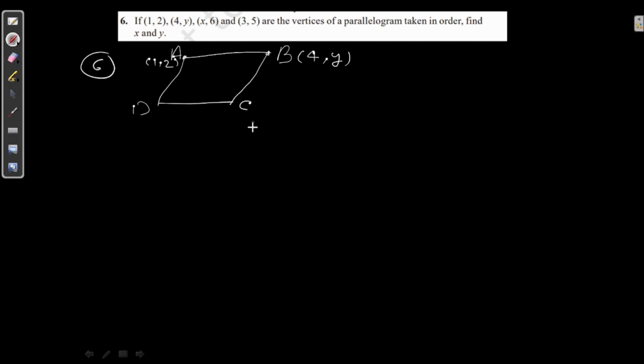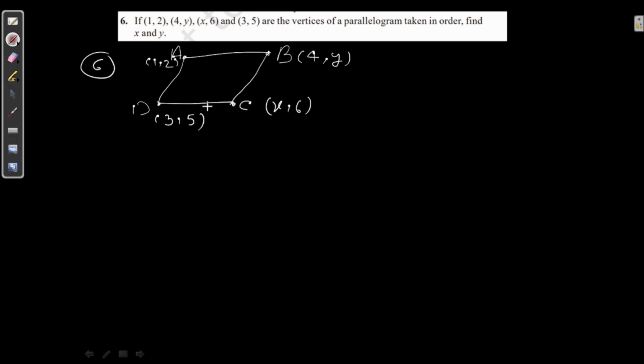For the third, point C, they are saying it is taken in order, so I will take A, B, then C, then D. So point C will be (x, 6), and point D is (3, 5). So these are the 4 points of the parallelogram and I have taken them in order.